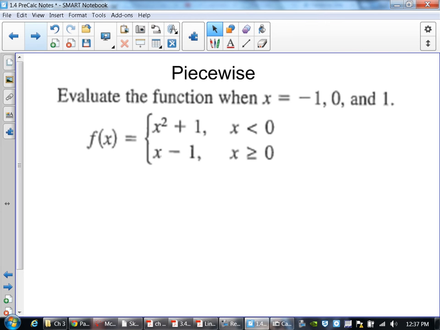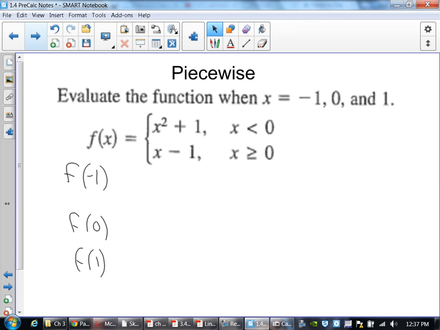So what happens here is that we're not so much graphing these. We're just looking at function notation within these. It says evaluate the function when x is either -1, 0, and 1. So they're asking you what is f of -1, what is f of 0, what is f of 1.